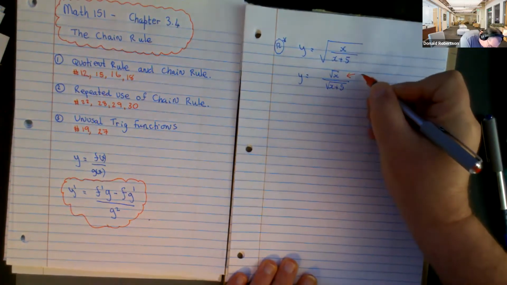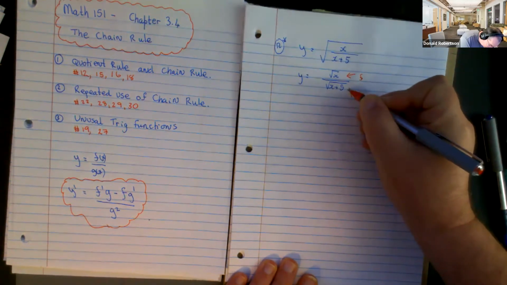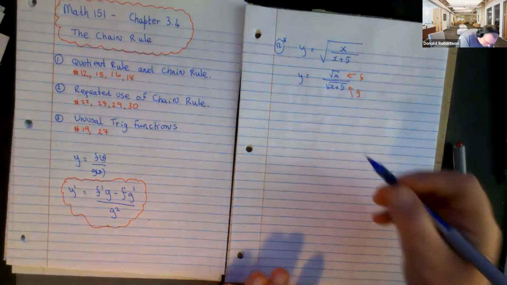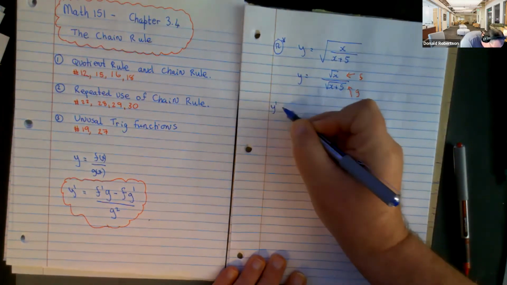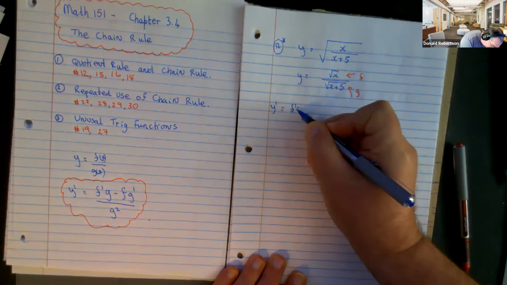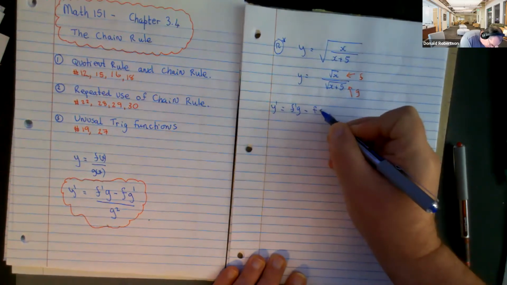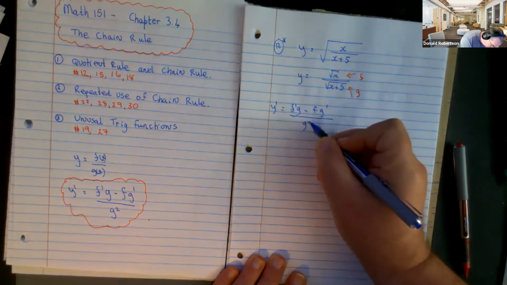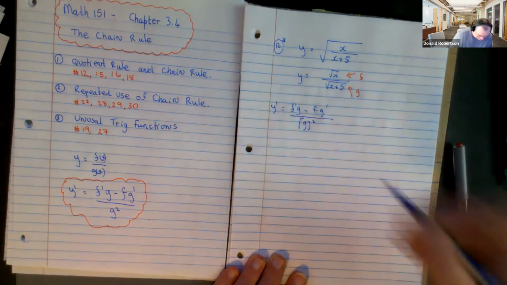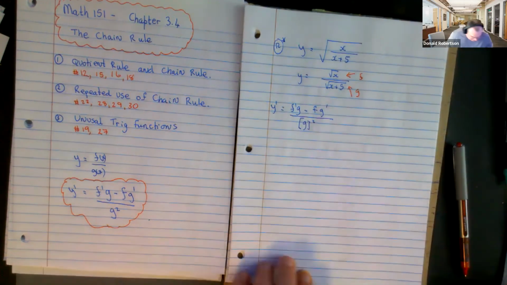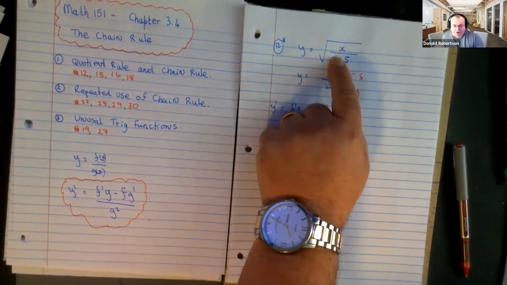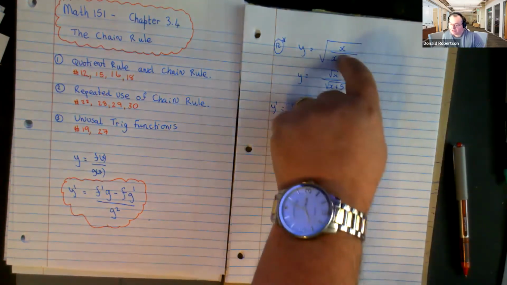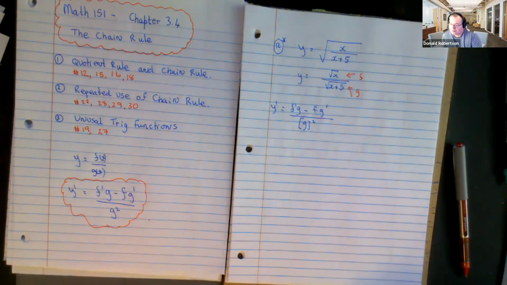The top guy is going to be called f, and the bottom guy is going to be called g. And then we can find the derivative by f dash g, take away f g dashed, all over g squared. Are you comfortable with the square root of a fraction becoming fractions with square roots? Algebraically, you're allowed to do that.